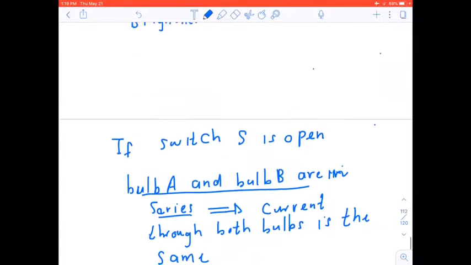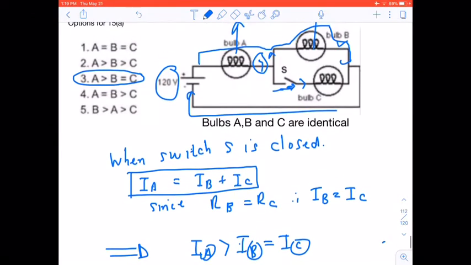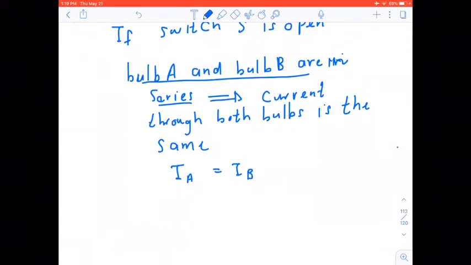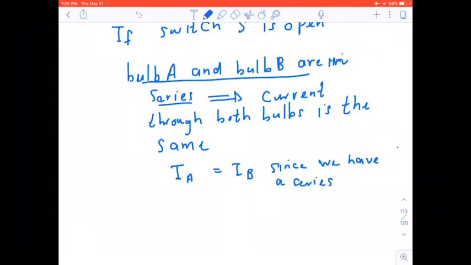Okay, let me just double check this. Since we have a series connection, there's one conducting path.